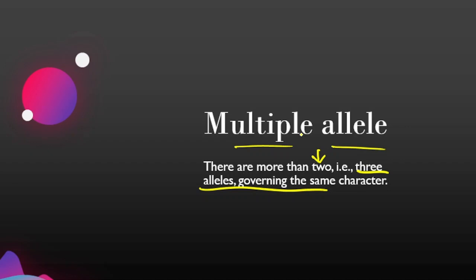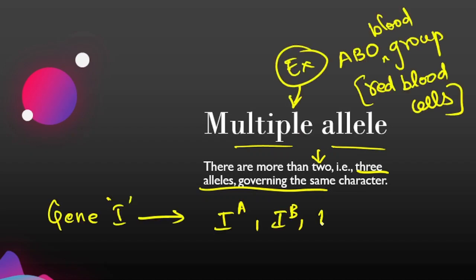This is an example of multiple alleles. How many types of alleles does gene I contain? Three types: I^A, I^B and i. Since more than two types of alleles are present, governing the same character, blood group, it is called multiple alleles. Easy. What is multiple alleles? Okay.